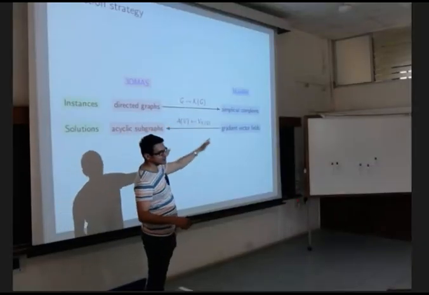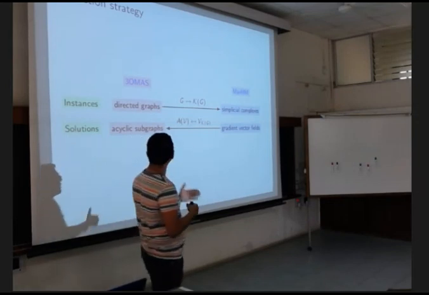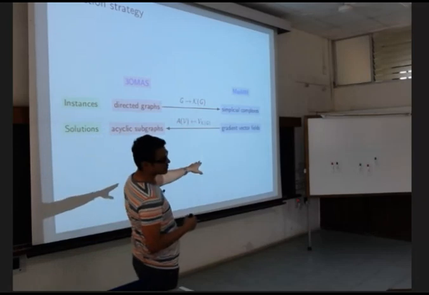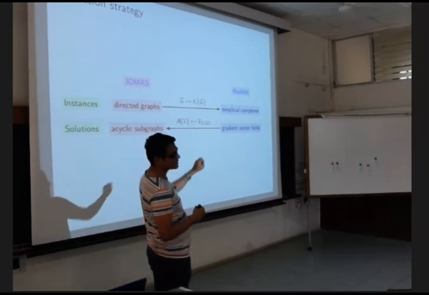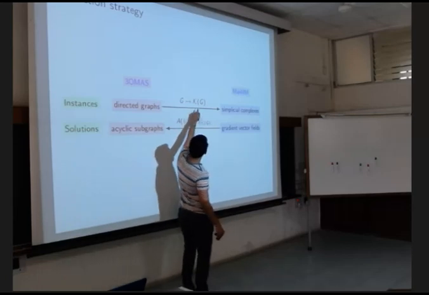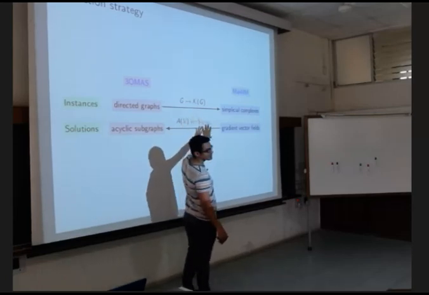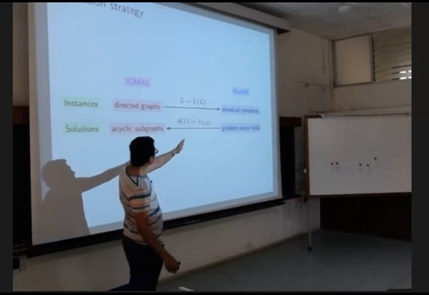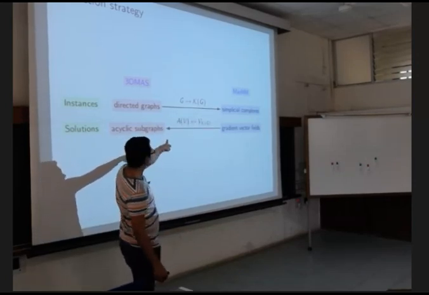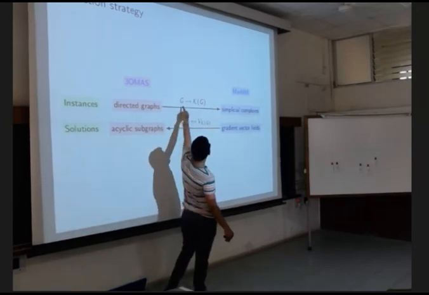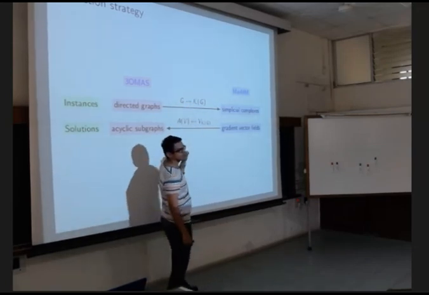You go from G to K_G, and you also need another transformation from solutions of max Morse matching. So you have K_G and you have V on K_G, gradient vector fields on K_G. From there you have to go to acyclic subgraphs that are obtained from this gradient vector field, and these acyclic subgraphs are subgraphs of G that are acyclic.